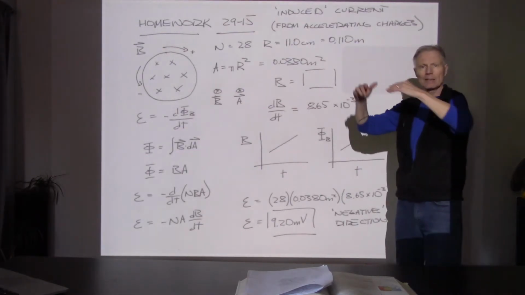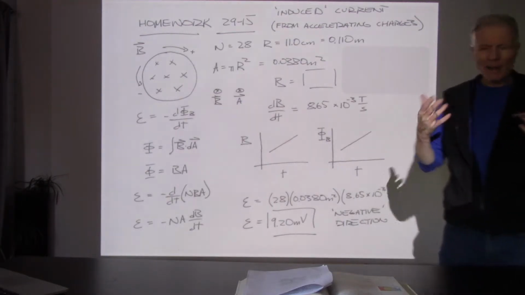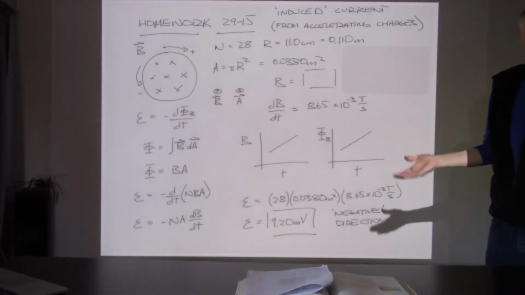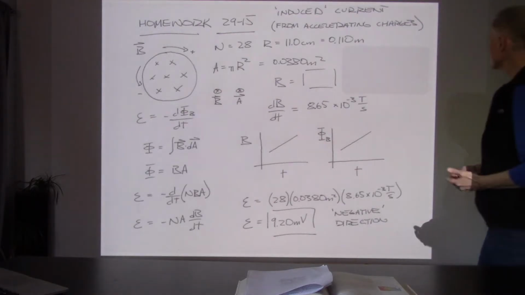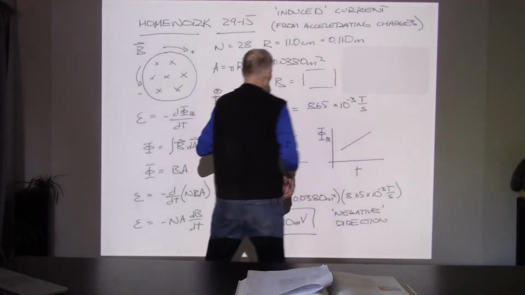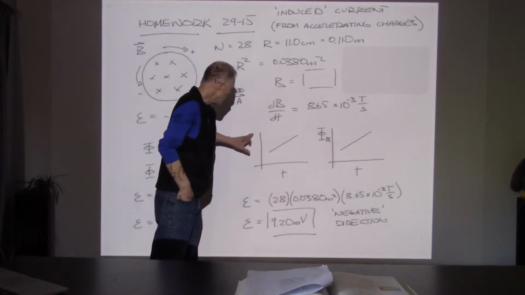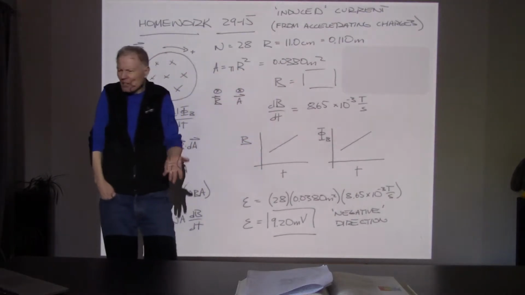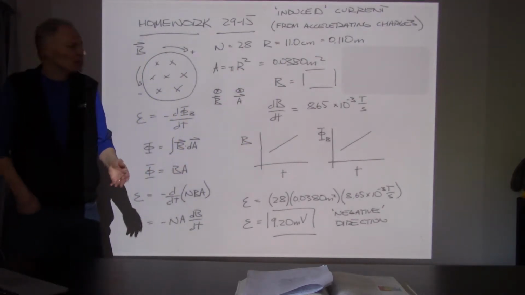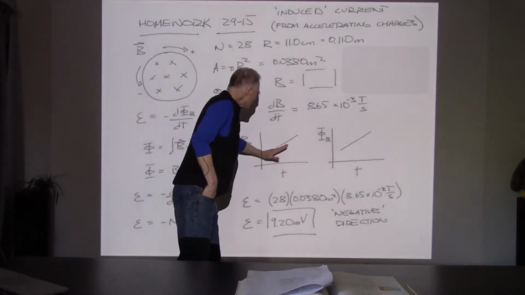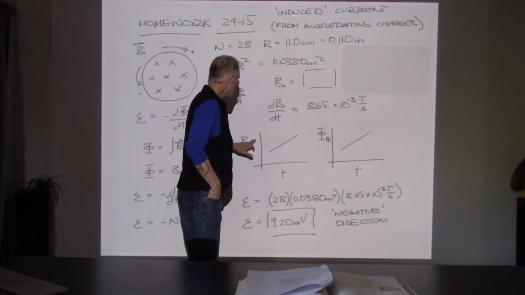So second by second, the magnetic field is getting stronger, so the magnitude is increasing. I drew a little graph and said, okay, B is a function of t. I don't know exactly what the value of B is, but I know that there's a positive slope, so B is increasing.